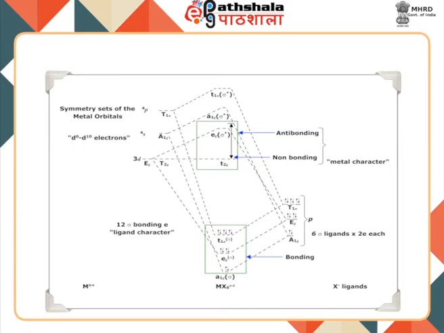It is approximately the splitting of the metal d orbitals caused by the ligands, whereas in CFT, that is crystal field theory, delta naught was purely a metal d orbital separation.